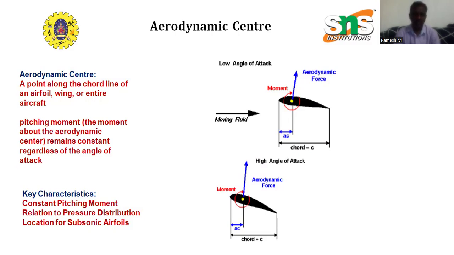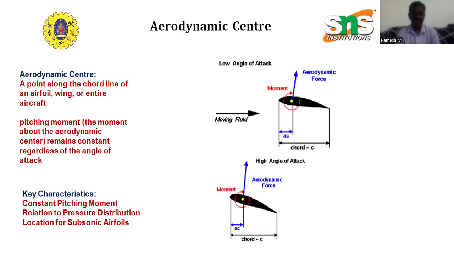So, the aerodynamic center plays a crucial role in determining the static stability of an aircraft. For an aircraft to be stable, the center of gravity must be ahead of the aerodynamic center. This ensures a restoring moment is created when the aircraft pitches.